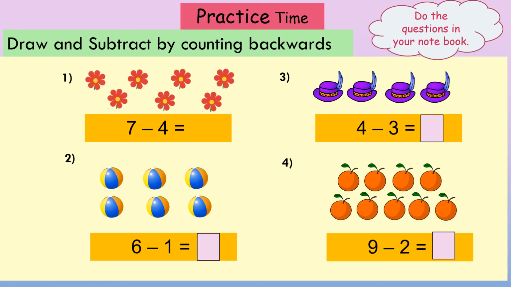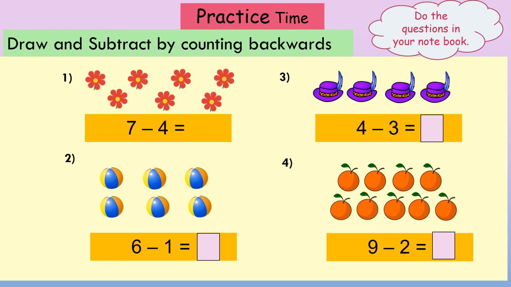Now it is practice time. You have to draw and color the objects and then solve the subtraction sum by counting backwards. Let's see one example how you will solve in your notebook. I will take number 1 as an example.